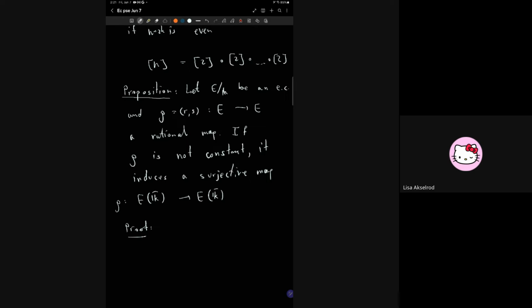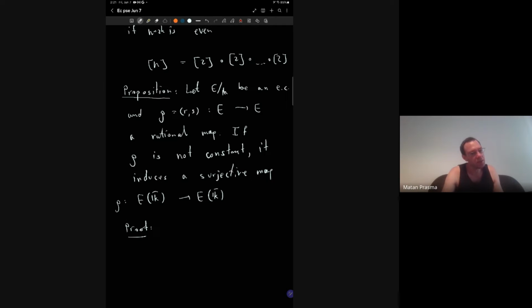No, just surjective. It can certainly be not injective. Surjective means that for any point Q here, there exists some point P here, such that P is mapped into rho of P. For any Q, there exists a P such that rho of P is equal to Q.